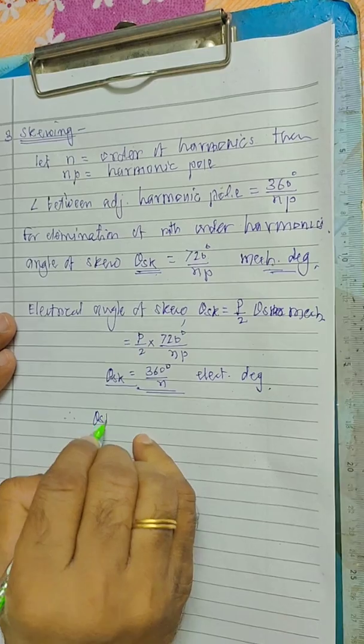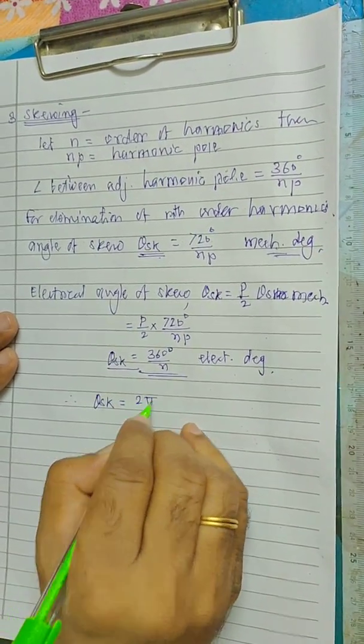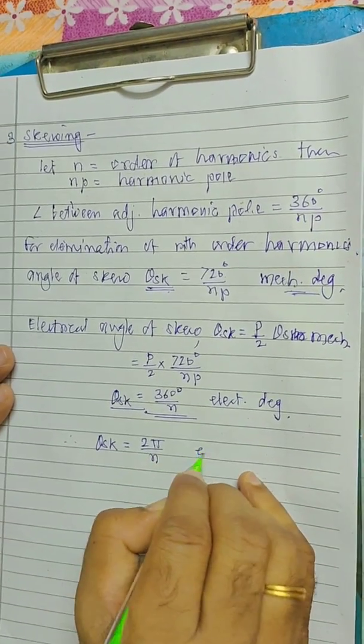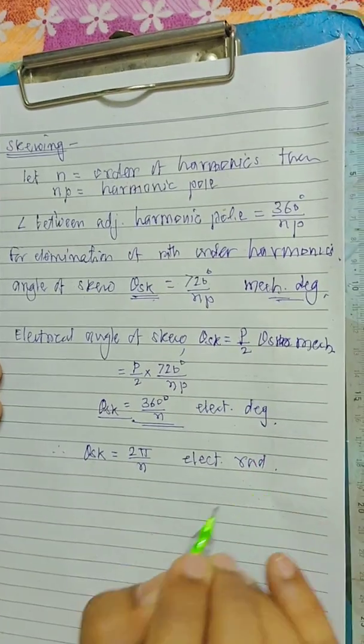Therefore theta sk is equal to 2 pi upon N, in electrical radians.